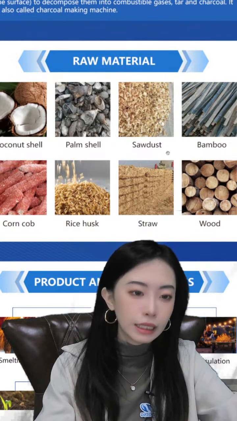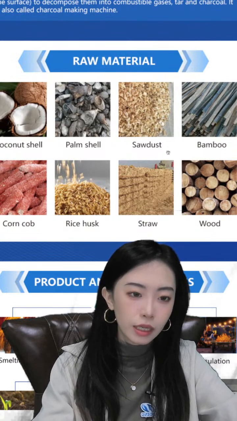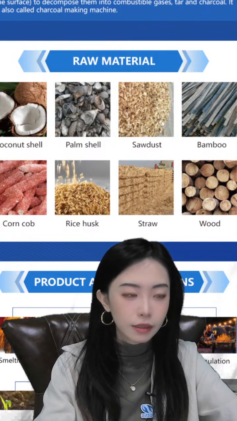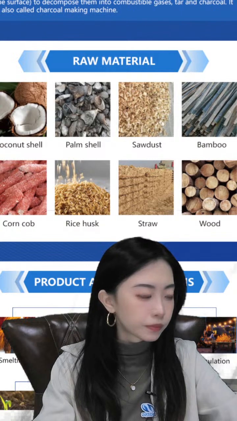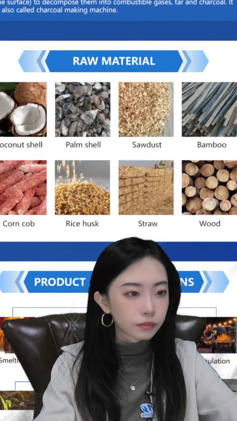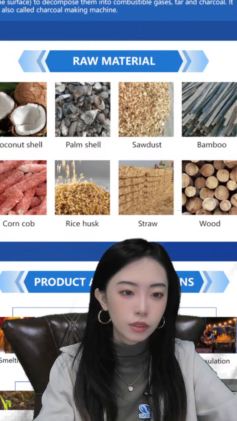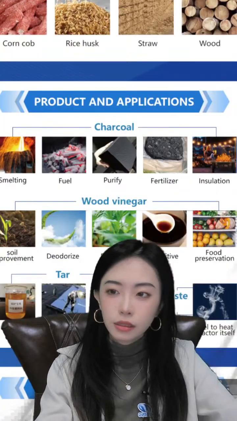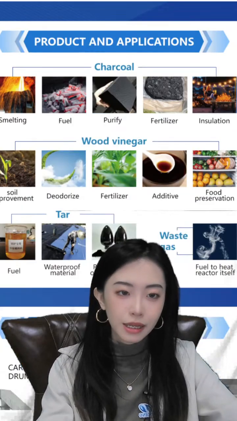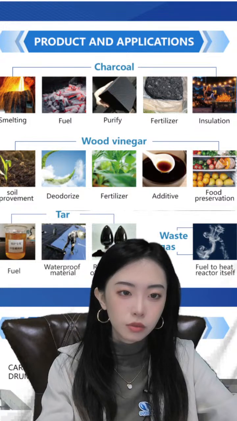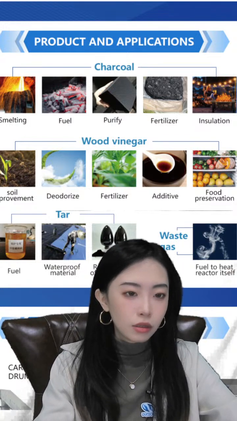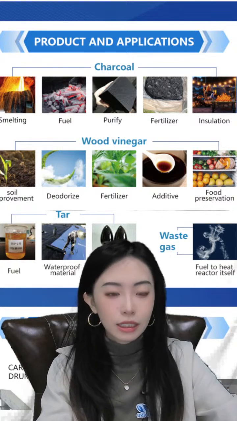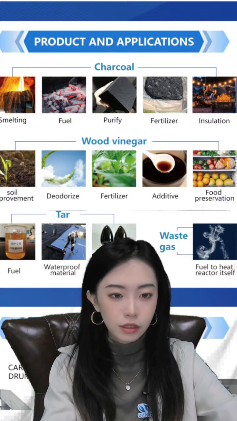They all contain char, so by using this carbonization machine we can turn them into these products. There are 4 main products that we can get: charcoal, wood vinegar, tar, and waste gas. The waste gas is actually tail gas or flue gas.